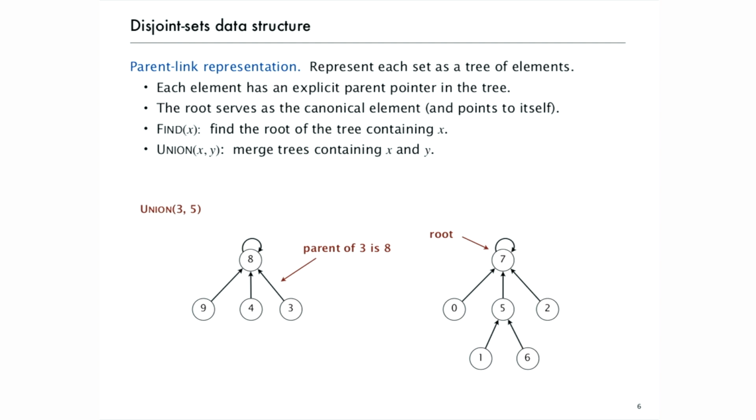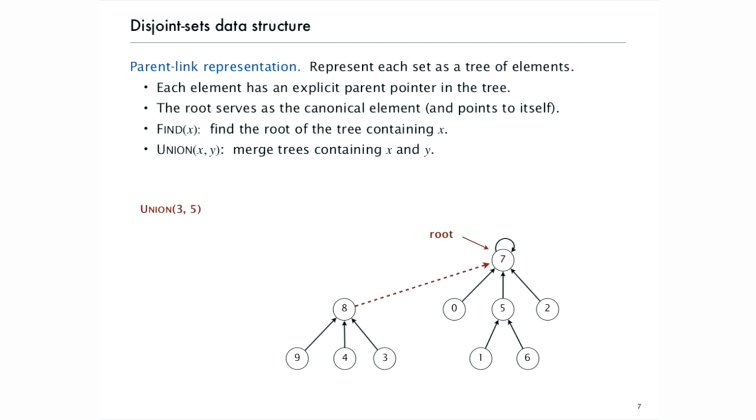Now, what does it mean? I have a tree here. I would say, take the union of 3 and 5. What is the meaning of this? Please take the union of the set that contains 3 and the set that contains 5. Now I have stored them as trees. What is the canonical way of doing this? First I find the canonical element, the root, of 3's tree and of 5's tree. I found 8 and 5 as roots.